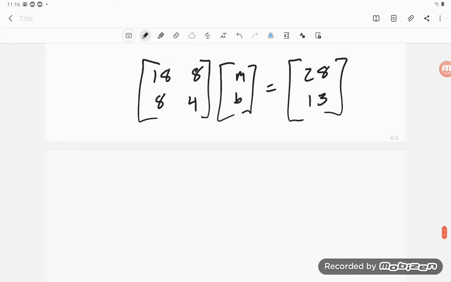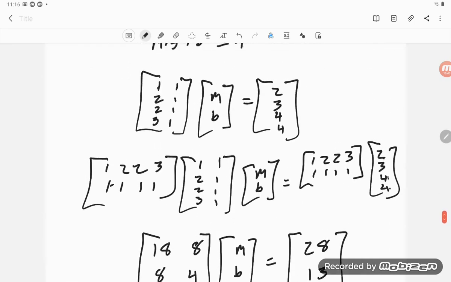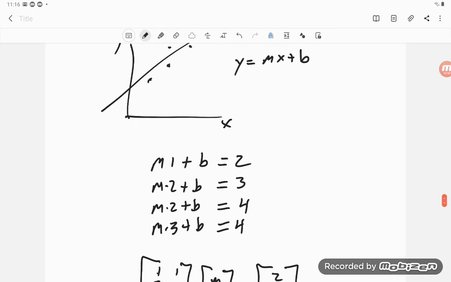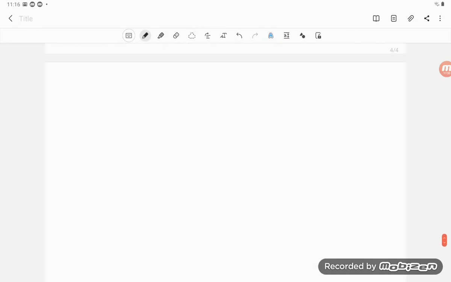And so, you know, we can do that. But the least squares still works. Instead of trying to fit a straight line to that, I could try to fit a quadratic or something like that. So if I had y equals a x squared plus b x plus c, then I would just make my data that way, right?